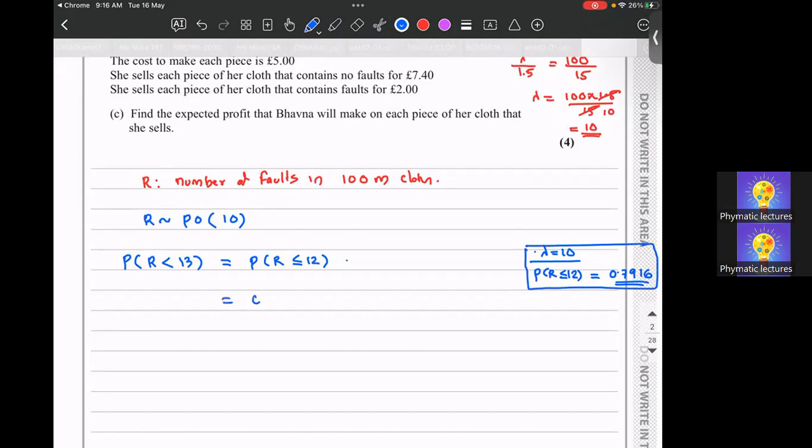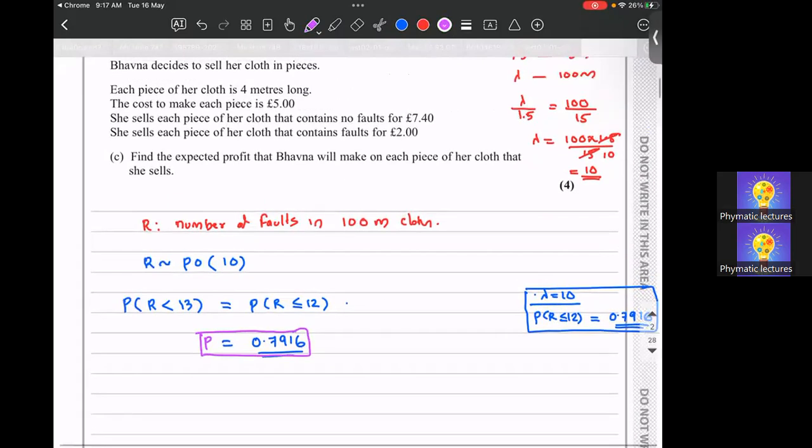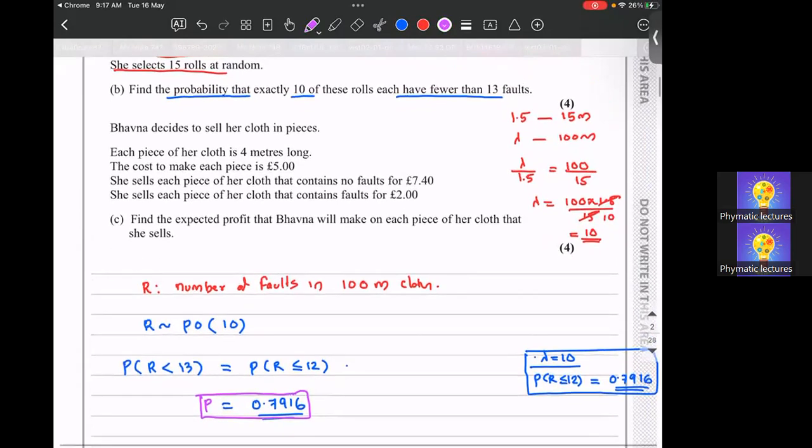So we'll write that value here, 0.7916. See, this is not our answer. This is our p value. That means, what is the probability of getting less than 13 folds in each roll?